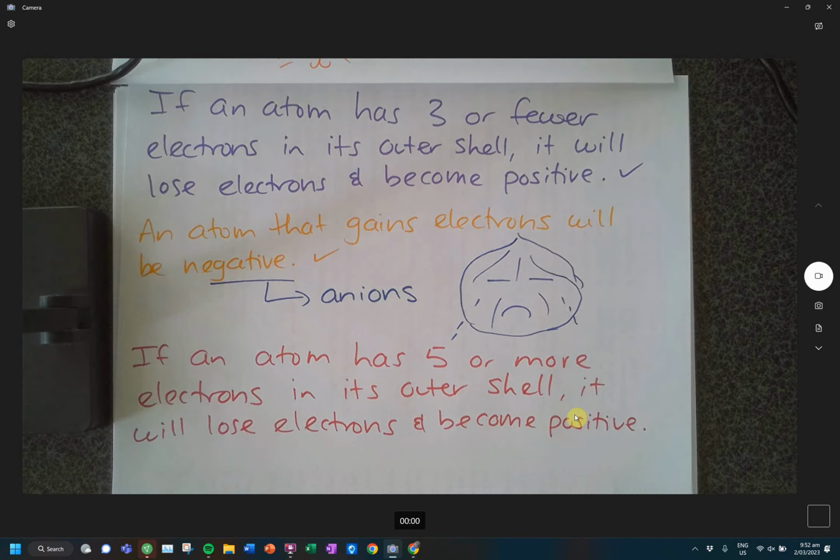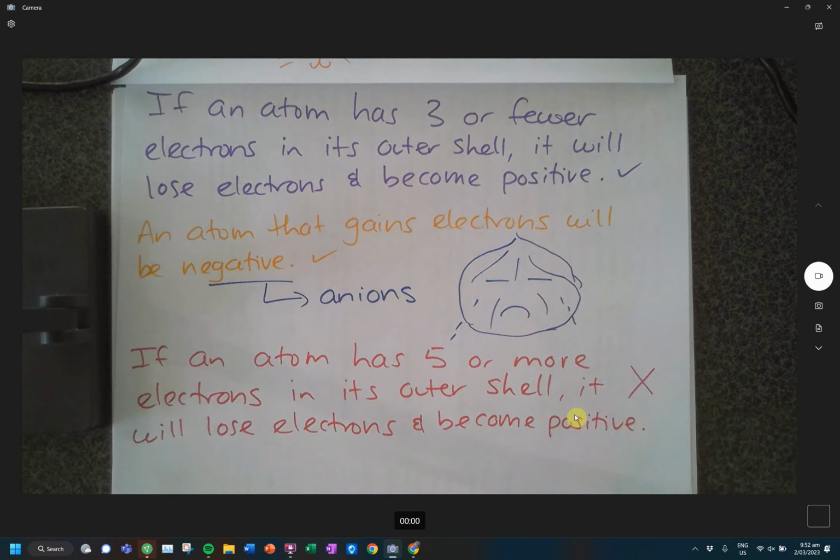How many think that statement's true? Thumbs up. Thumbs down if you think that statement's false. It is false.